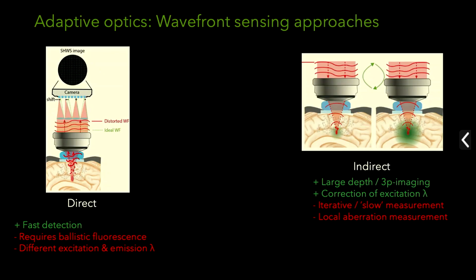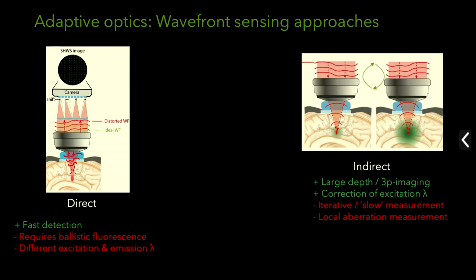The opposite approach is a so-called indirect method, where in contrast we don't try to actually image or sense the aberrations, but where we apply the corrections directly to the excitation light, and then only cycle through different modes until we find the optimal correction pattern.